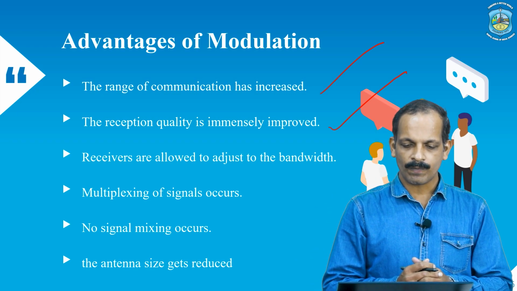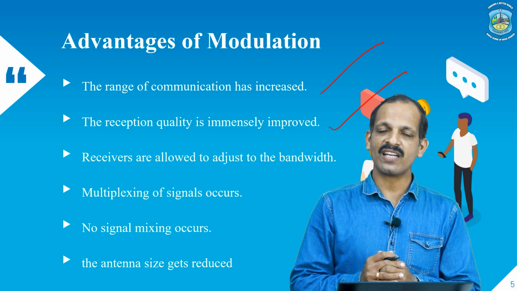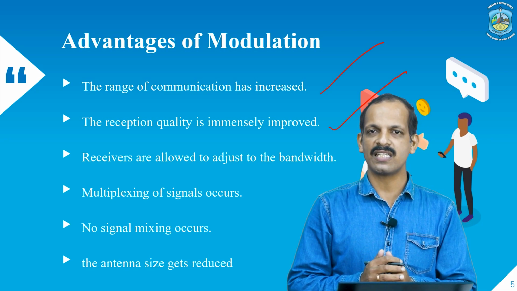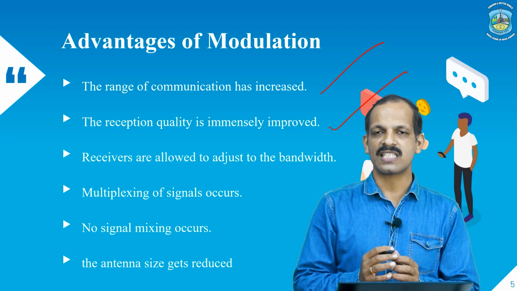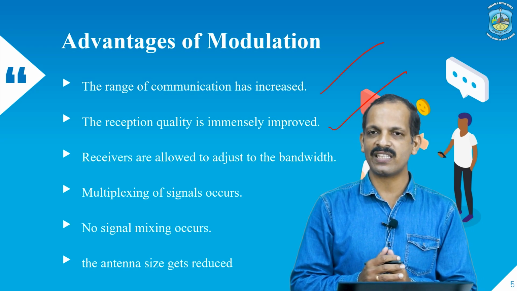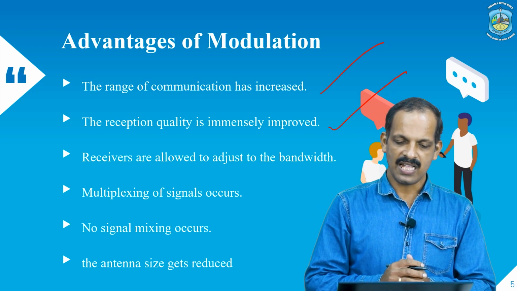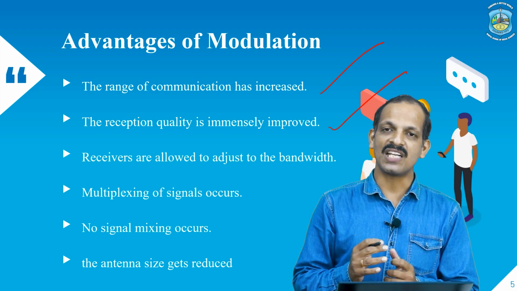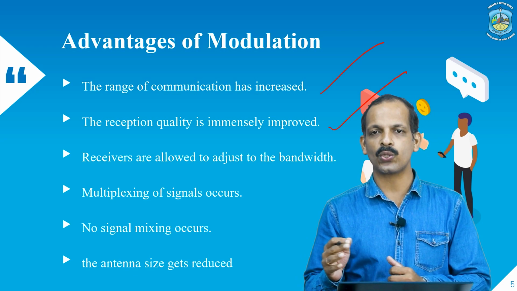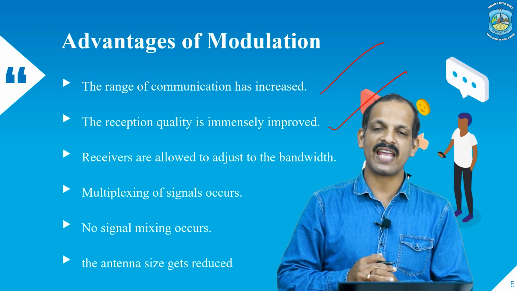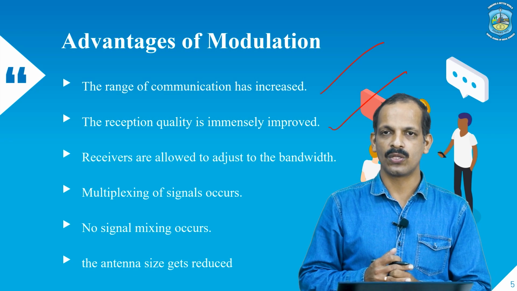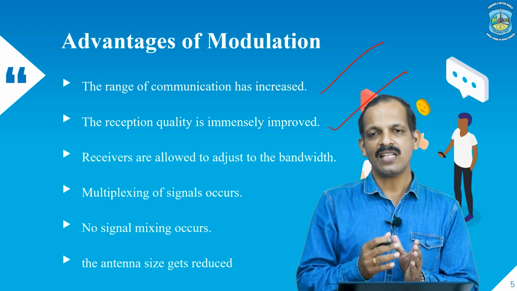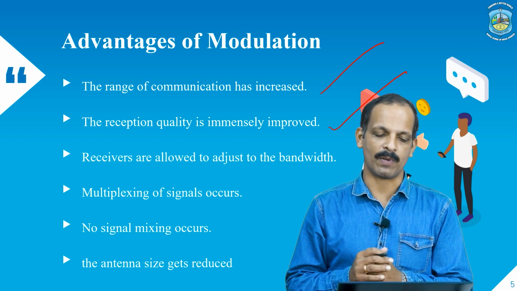Next one is, the receiver can adjust bandwidth. If you are modulating the signal, with respect to that, the receiver can adjust the bandwidth and receive that signal. Then using modulation, we can multiplex different signals and send them through a single channel. So we can efficiently use that channel through multiplexing.